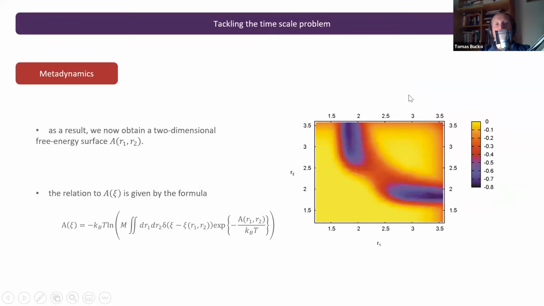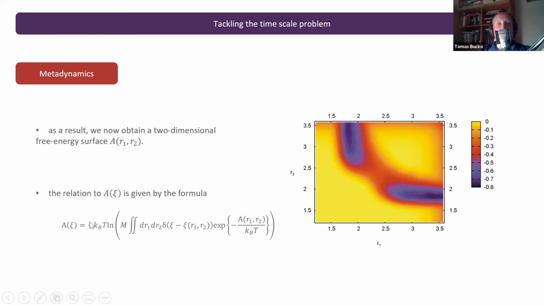This is the resulting 2-dimensional free energy surface that I obtained. That's a function of R1 and R2. One should keep in mind that this object is not quite the same thing as the one that we obtain in the 1-dimensional case.